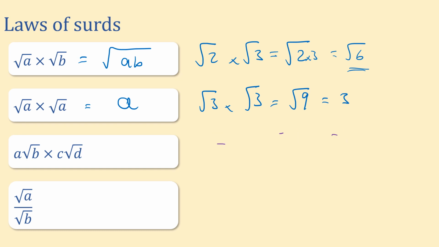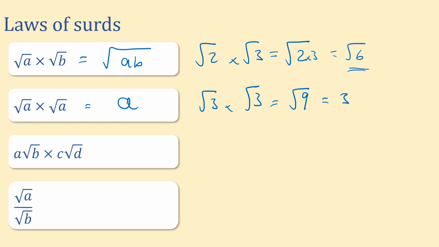The third law is when I've got a multiple of a surd multiplied by another multiple of a surd. The way I like to think of these, I'm going to start with an example. If I did 2x multiplied by 5y, I would deal with the numerical parts first: 2 times 5 is 10, and then the letters: x times y is just xy. The same principle works for these.